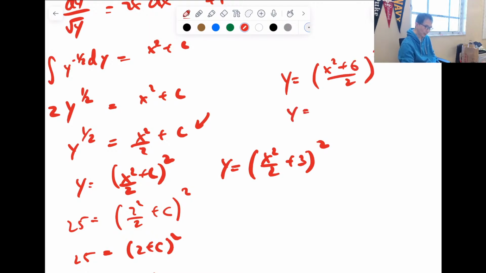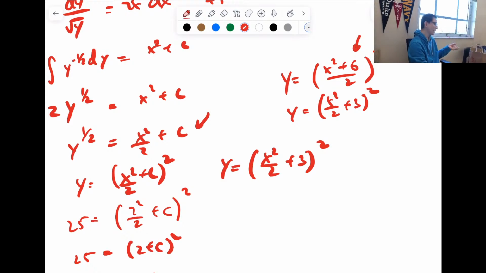Yes, because you can divide it by 2, so it'll be x squared over 2 plus 3, squared. That's the same answer because you can split them. So your c can have a different value, depending on when you plug in. I want to keep it consistent. I usually tell students to solve for y first and then plug in, because that's also going to benefit you in the future, like tomorrow's homework, where it's better to do it one way. I don't know exactly why they give you different answers, but they do.